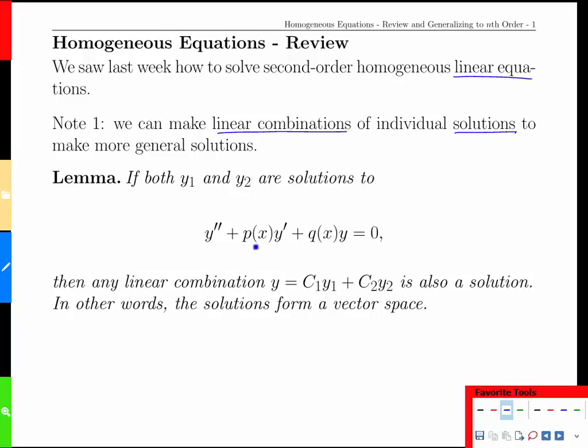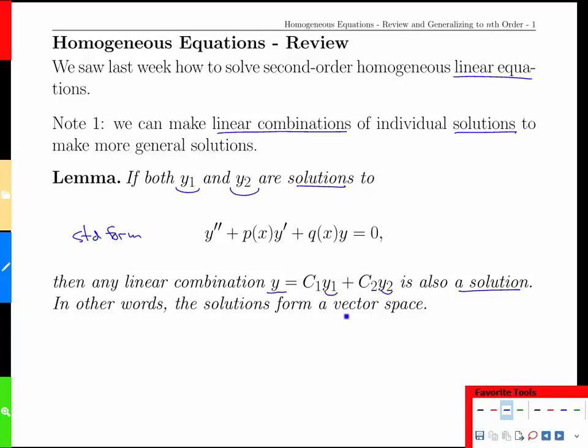So when we had a second-order equation which had y double prime plus y prime and y, and maybe some coefficients out front, this would have been the standard form for a second-order differential equation that's linear. Then if we had two solutions, y1 and y2, then because this was linear, we could guarantee that the general solution, which had y1 and y2 in it, some constant multiplier for y1, some constant multiplier for y2, would also be a solution.